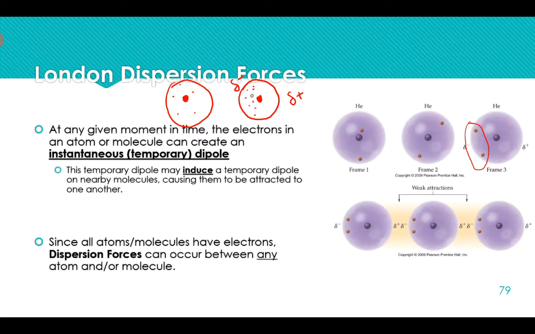Since the electrons are always in motion, they will move back to one of the other more neutral states in a little microsecond, picosecond, very short time frame. But for this instance that they are all on one side of the molecule, that's a temporary dipole.